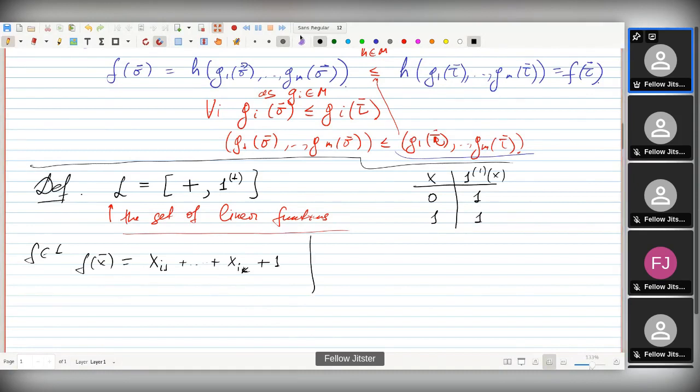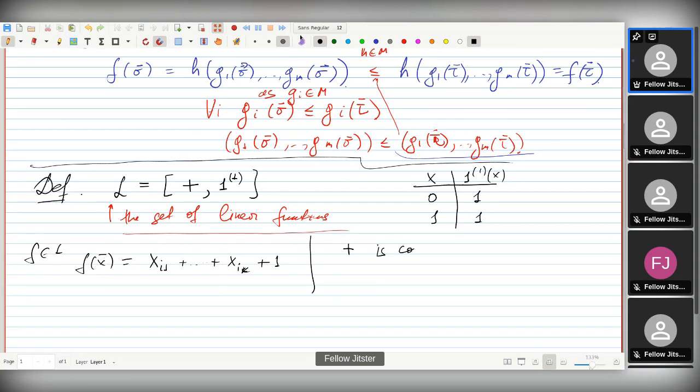Why is it so? It follows from the following fact. First of all, x plus x follows from commutativity, associativity, and nilpotence of our addition.